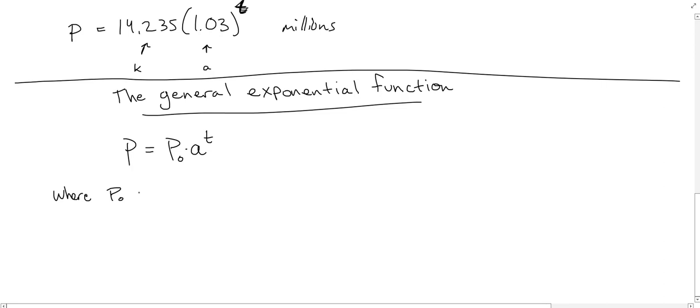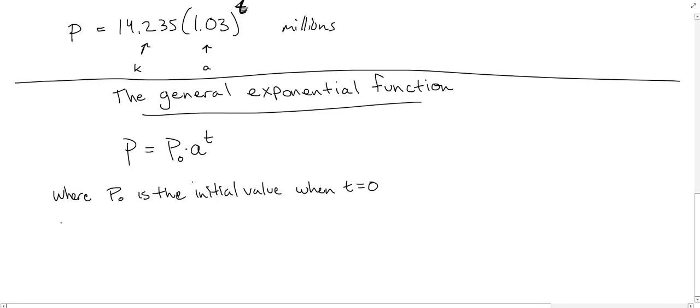P naught is the initial value, the starting point of your function, because when you plug in 0 for t, that would be a to the 0 power, which is 1, so just 1 times P naught.